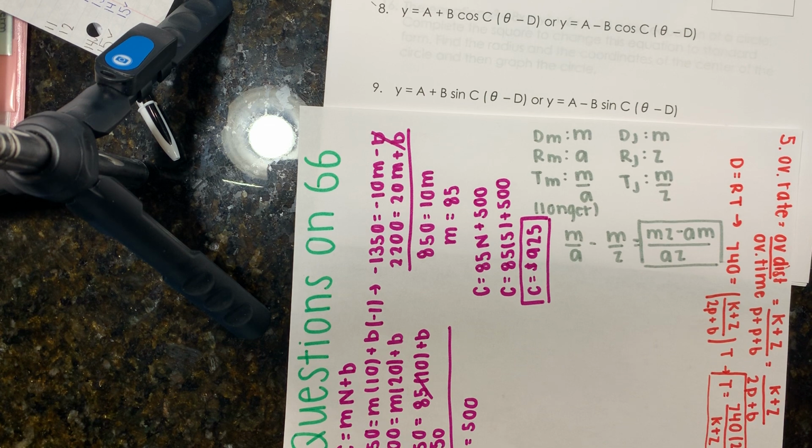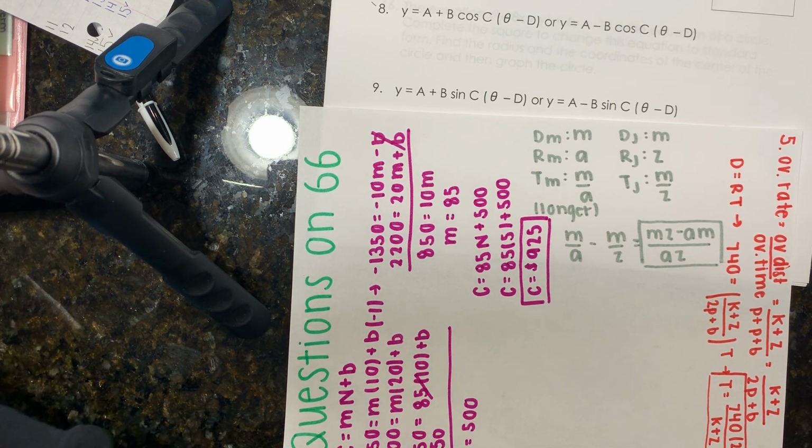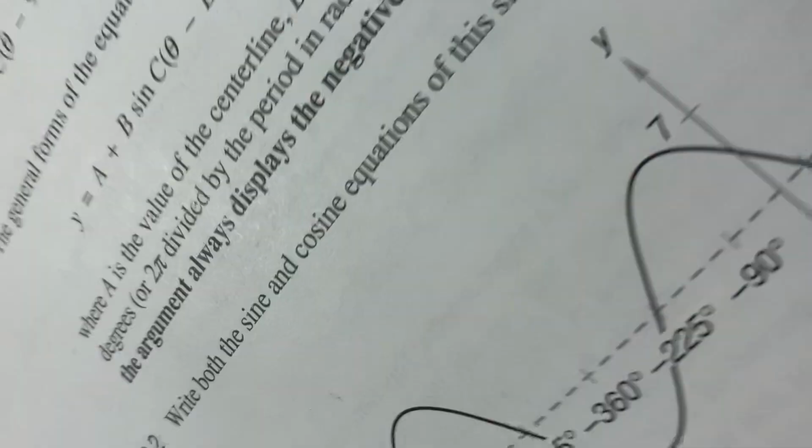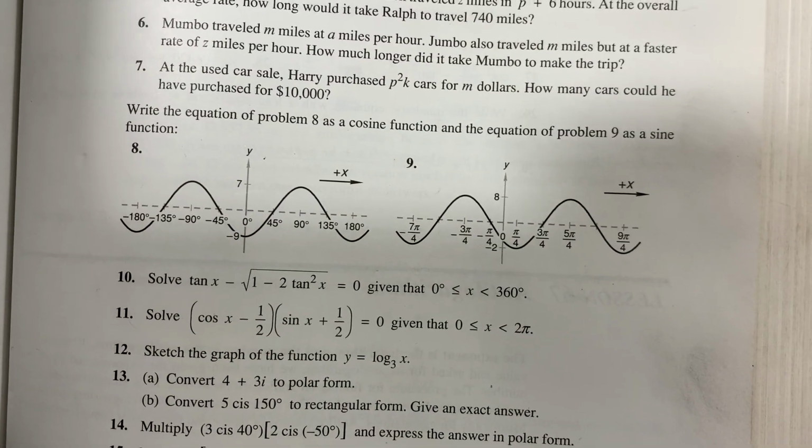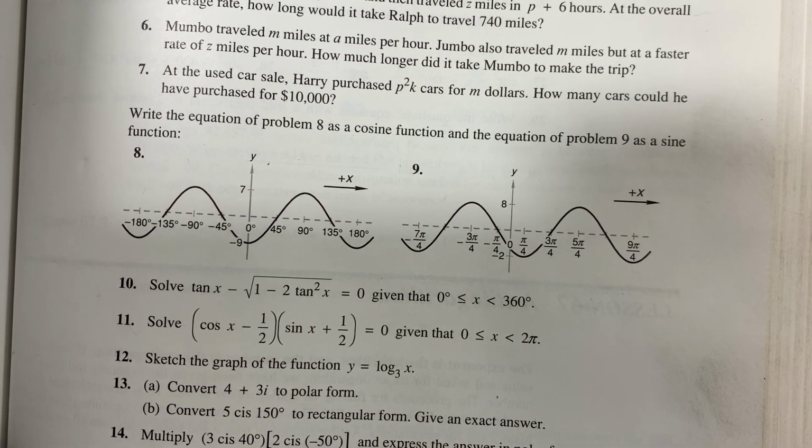Okay, now looking at number 8. It says write the equation of problem 8 as a cosine function. For number 8, what you're going to notice is it's already a cosine function. It's actually a negative cosine function.